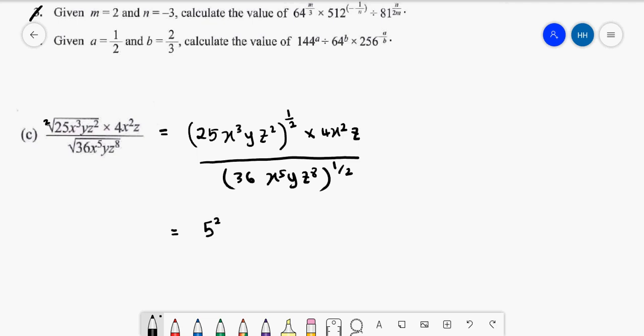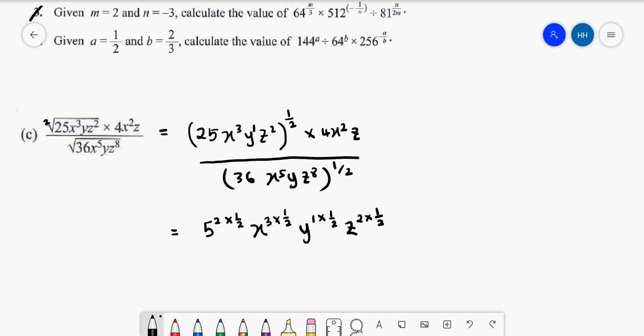And then 5 squared to the power of 1 over 2, so you must multiply with 1 over 2. And then you have x to the power 3, also to the power of 1 over 2, so you must multiply 1 over 2. y is power 1, so y to the power 1 also times 1 over 2. And then z to the power 2 times 1 over 2.